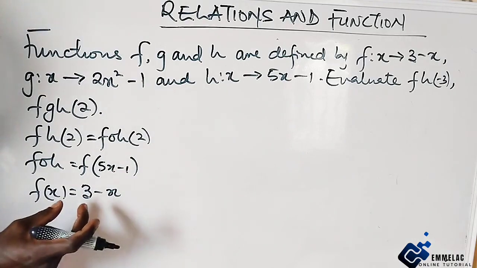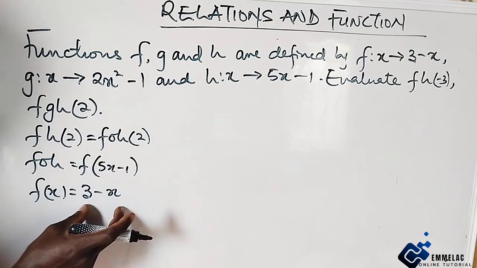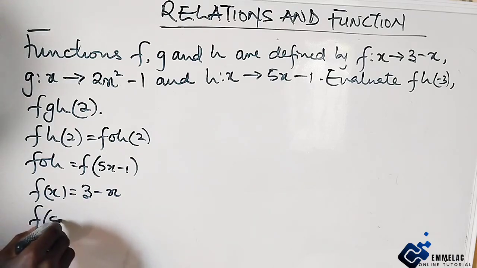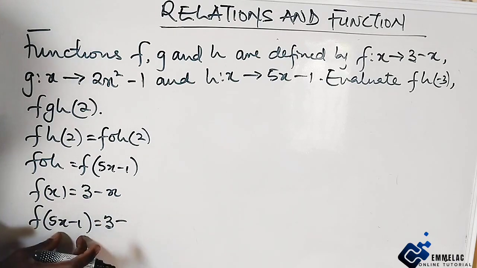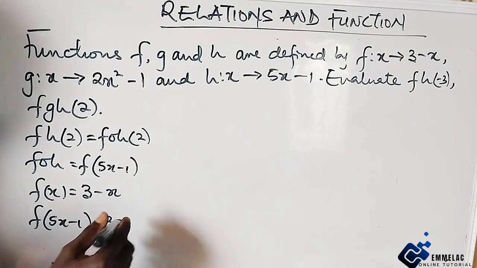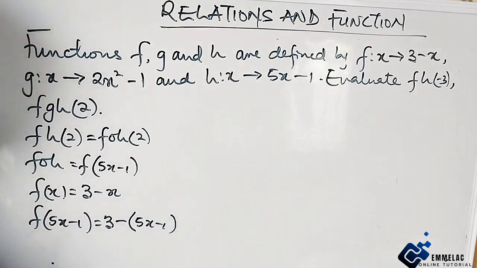So f of 5x minus 1 simply means 3 minus x is now replaced by this: 3 minus (5x minus 1).